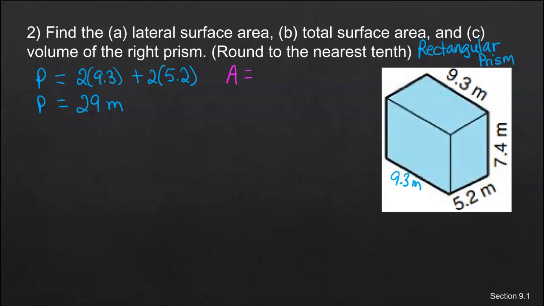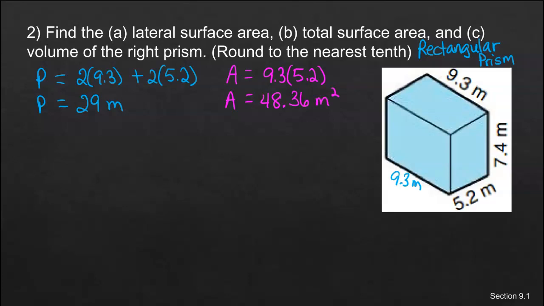So length times width is going to be 9.3 times 5.2, and that is 48.36, and that is in square meters.